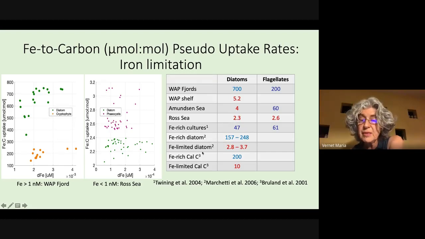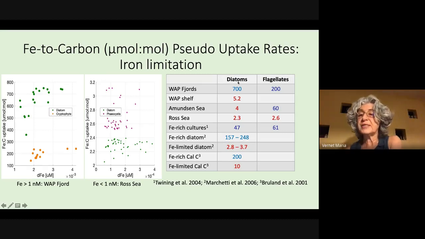So looking at the literature, we see that this correlates with iron-limited diatoms. While the iron-rich diatoms, Marchetti found that they were between 150 and 250 uptake rate. In the fjord is higher, and the California current is also 200. Please keep in mind that the methods are different.